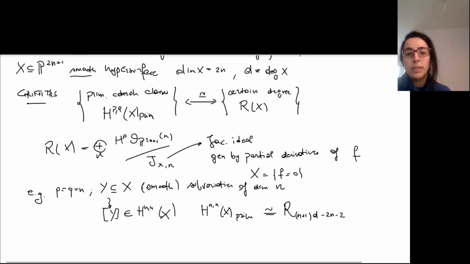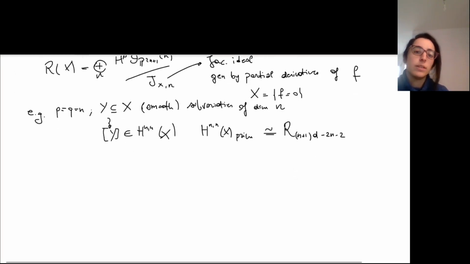There are many classical results in reconstruction in this sense, like the Torelli theorem, which tells you that a curve can be reconstructed from its Jacobian, and also many important results of Griffiths and Harris.